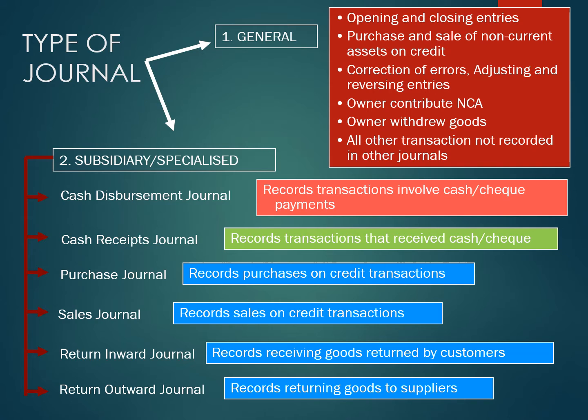Other transactions recorded in the general journal are purchases and sales of non-current assets on credit, corrections of errors, that is adjusting or reversing entries, or when the owner contributes non-current assets, or the owner withdraws goods or inventory. And if there are any other transactions that cannot be recorded in subsidiary or specialized journals, then we can record them in the general journal.